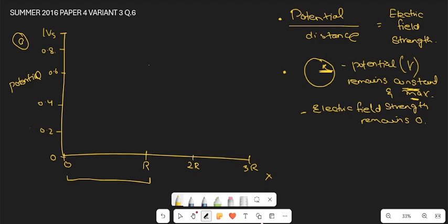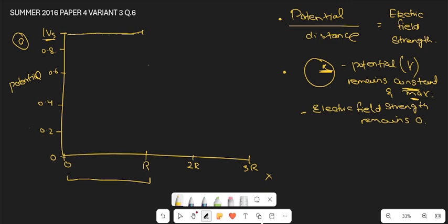So what is the maximum value here? 1. That is the maximum value, and it has to remain constant. That means it will remain constant at 1 Vs for this radius. And now the moment it gets out of this, what do you think will happen to the gradient?